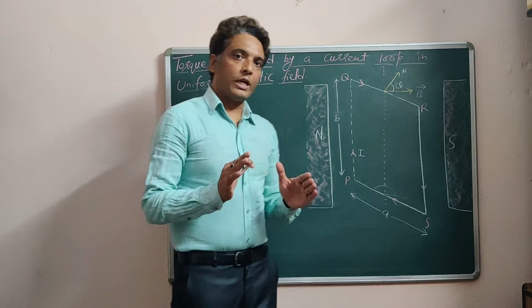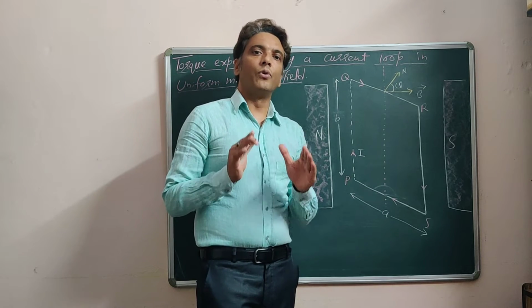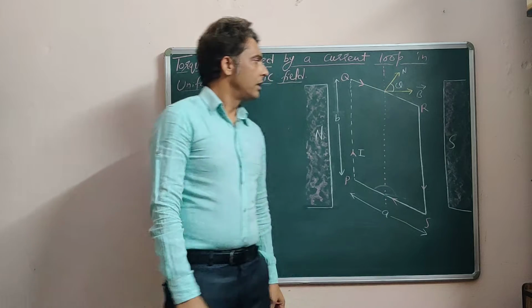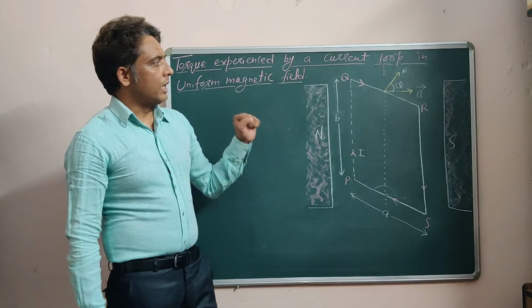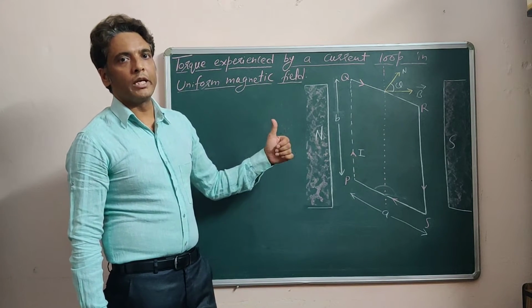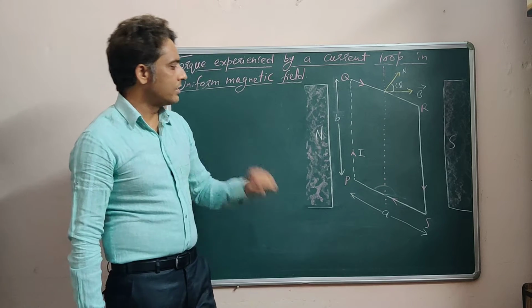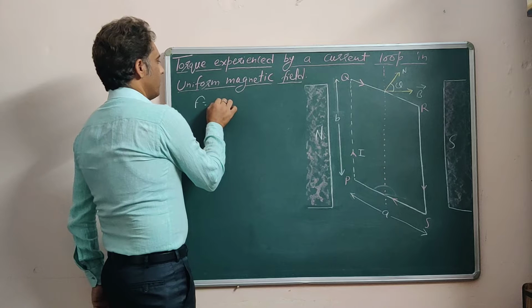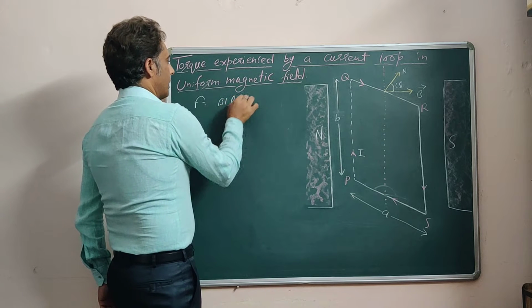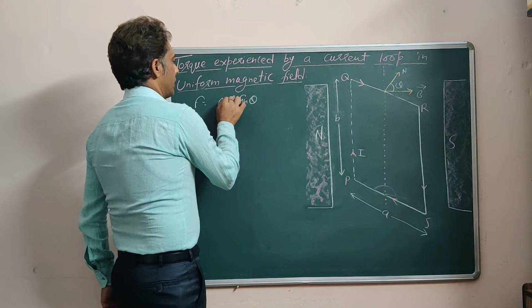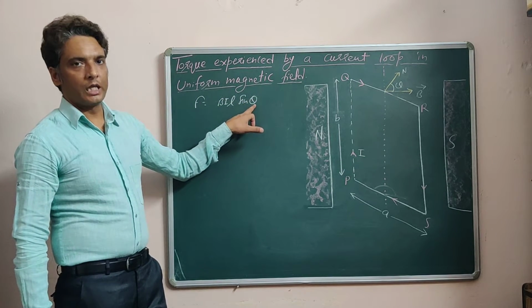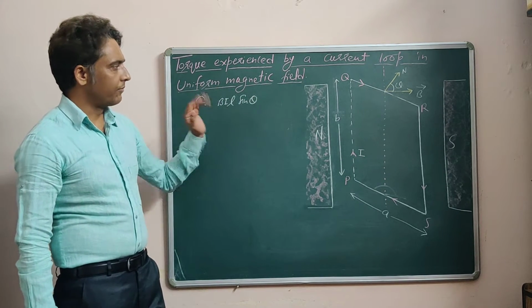Also we know that the force on a current carrying conductor of length L having current I, when it is placed in magnetic field B, is given by the formula F equals BIL sin theta, where theta is the angle between direction of current and magnetic field.